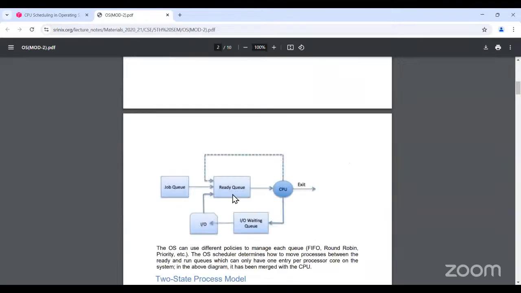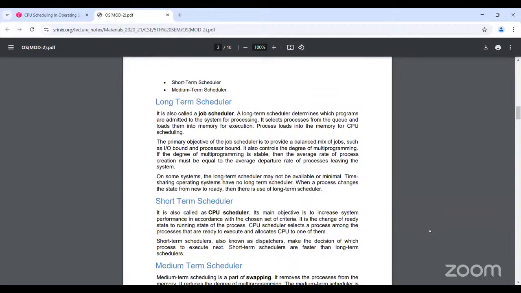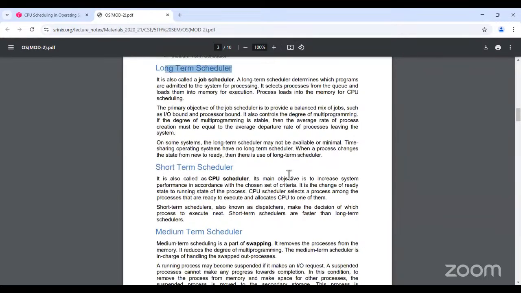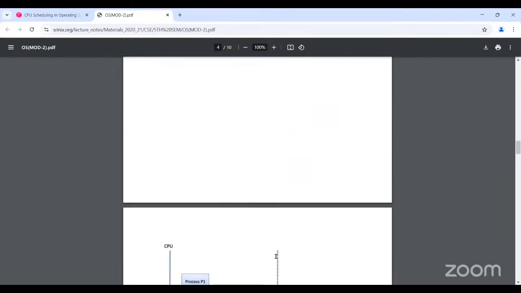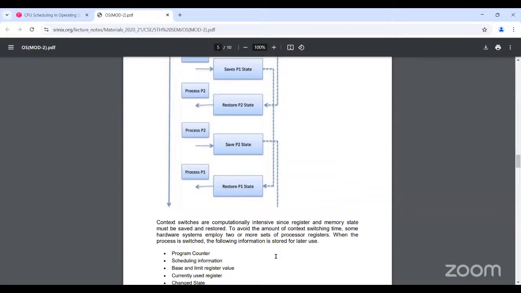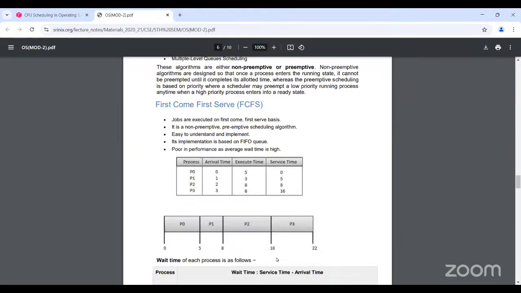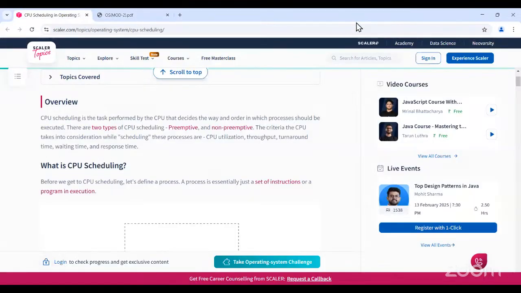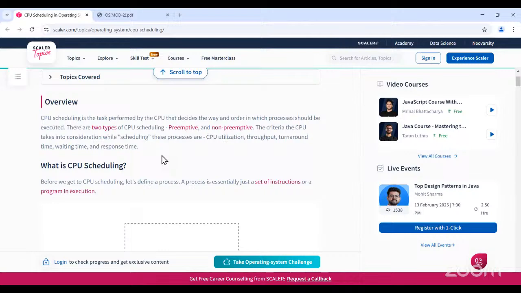The next one is CPU scheduling. The next topic is CPU scheduling. This we already discussed: long-term scheduler, short-term scheduler, mid-term scheduler, and this is a comparison.